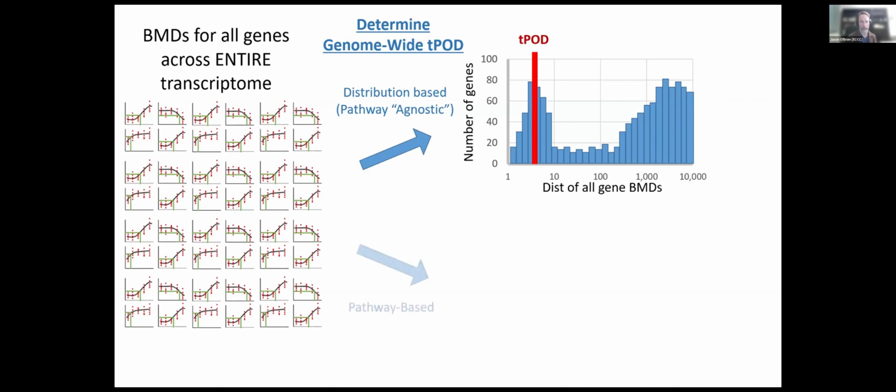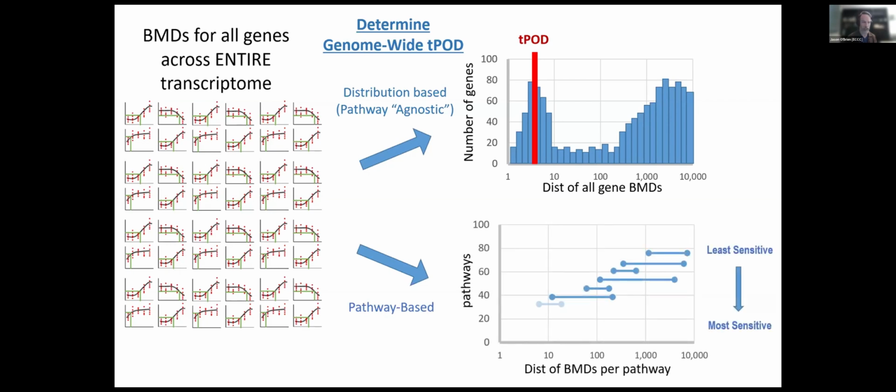Another method is the pathway-based method, where genes are grouped into pathways, and then we look at the range of different BMDs within the pathway, and we sort those pathways from least to most sensitive. Very often, the median BMD of the most sensitive pathway is set as the transcriptomic point of departure.